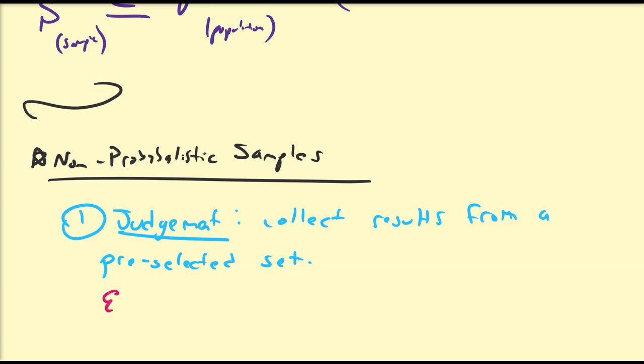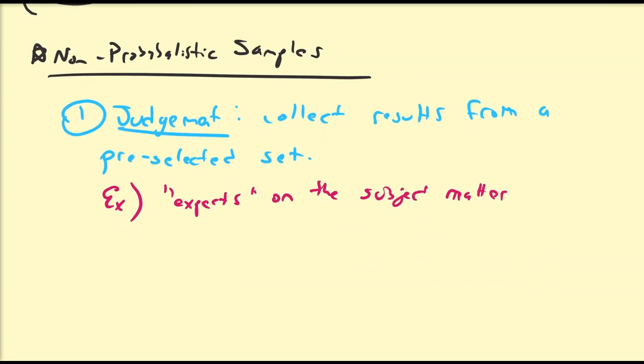For example, one of the most common types of judgment samples is what they call experts on the subject matter. If you want to get a sample of the opinions on a particular movie, maybe you want to sample movie critics who have that as their primary job, right? So that would be a judgment sample because you're selecting them based on their particular background or expertise in the field.